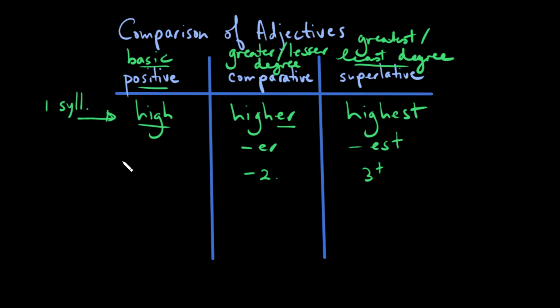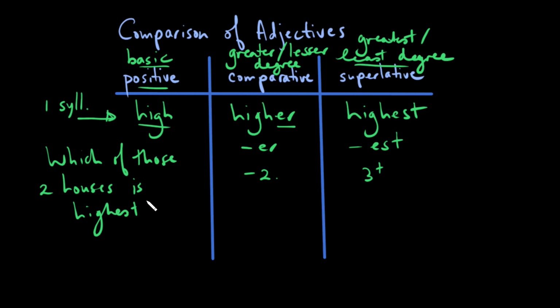If you were to say, for instance, let's just say two houses, which of those two houses is highest, then that sounds kind of okay, but this is actually grammatically incorrect because this should be higher. And the reason is that we're actually just comparing two things.